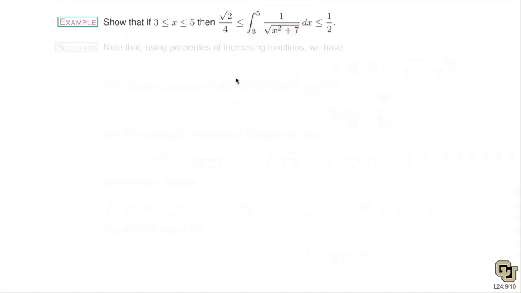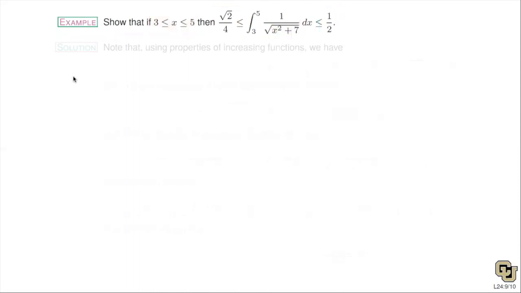So here we're told to show that the definite integral is going to be greater than root 2 over 4 and less than 1/2. Okay, so the starting point of this problem, the only information we know is that x is between 3 and 5, and that our integrand is this function, 1 over the square root of x squared plus 7. And so that's all we'll need.